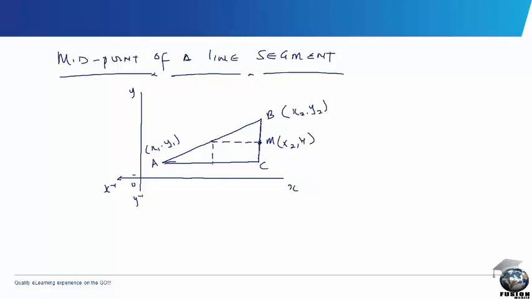If this is the midpoint of AC, we shall call it n of the horizontal axis x1 and y1. This point C is made up of the x1 point of the y-axis and then the x2 point, so we can call this coordinate x2 y1.